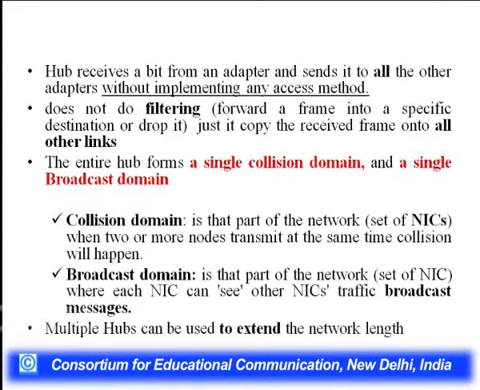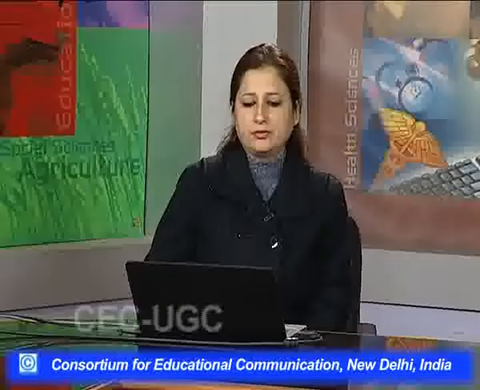The broadcast messages can be sent. So in this case, hubs have a single collision domain and a single broadcast domain. So a hub's job is basically to accept data from one terminal or one host and forward it to all the other hosts on the network.